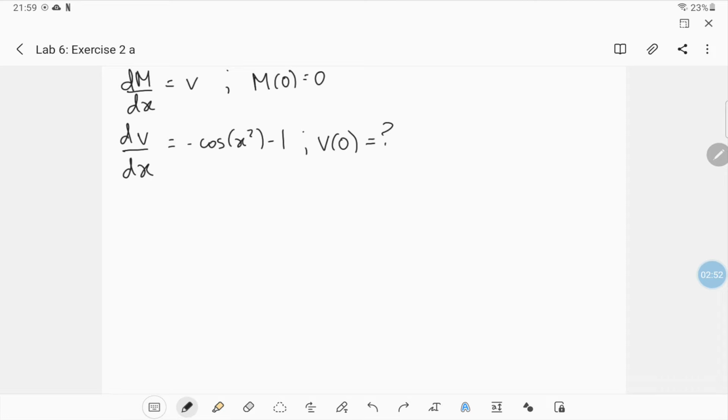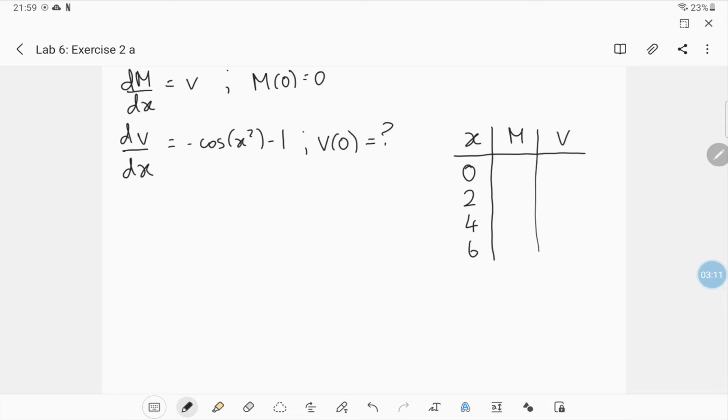So we've got x, we've got m, and we've got v. We'll take our first shot here. The x goes from 0 to 6 in steps of size 2. So it's 0, 2, 4, 6.